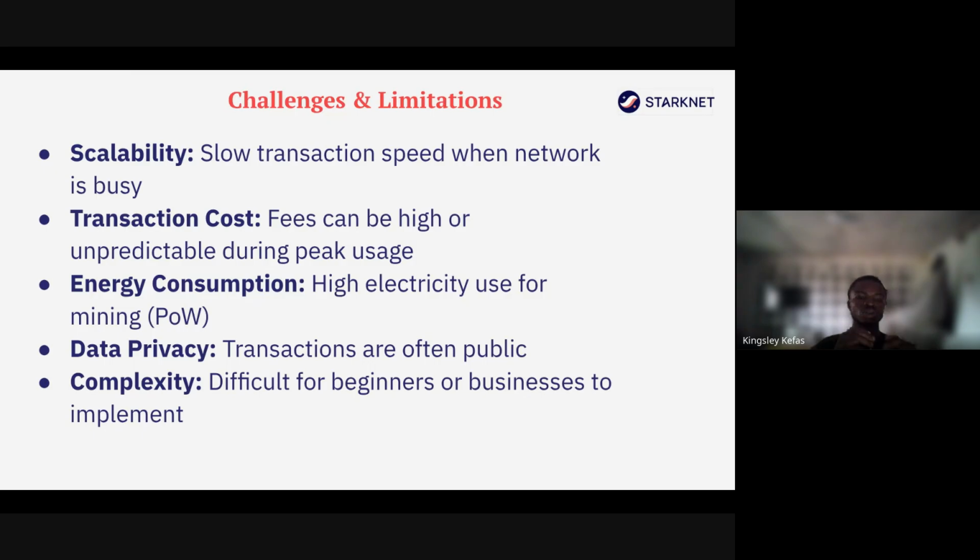Now, the next challenge is energy consumption. In the case of proof of work, remember we said Bitcoin is proof of work, it solves complex puzzles, and solving those puzzles has to do with high computation power. The process of solving that particular puzzle is called mining.